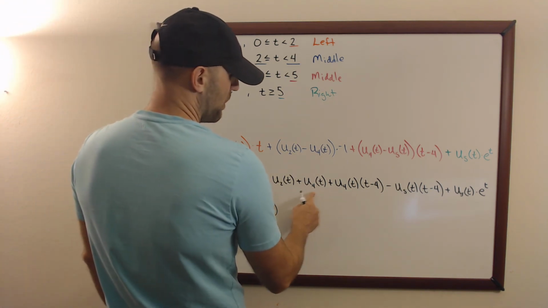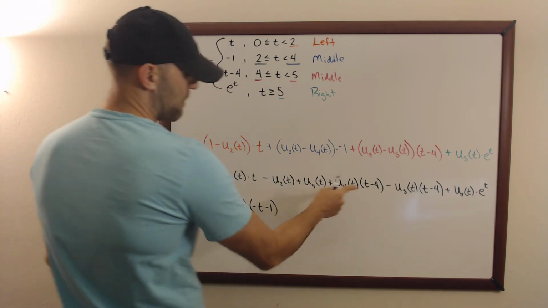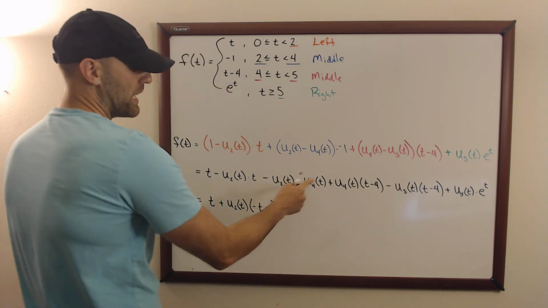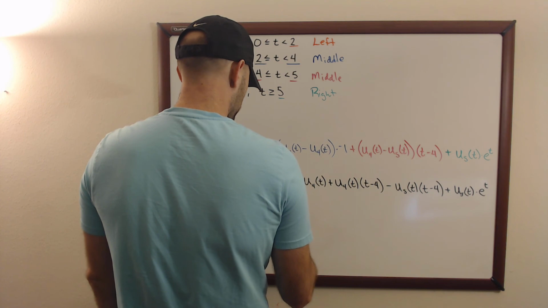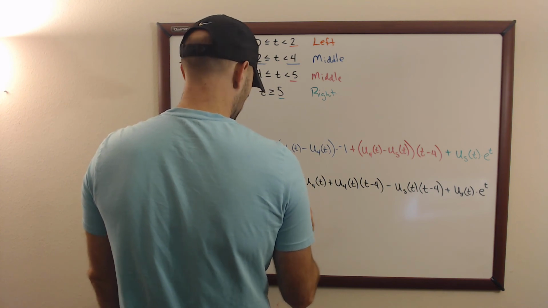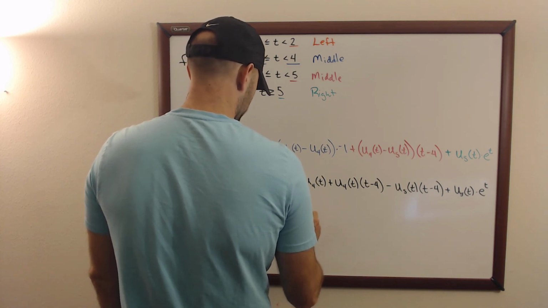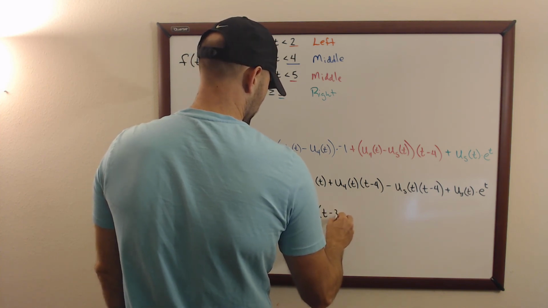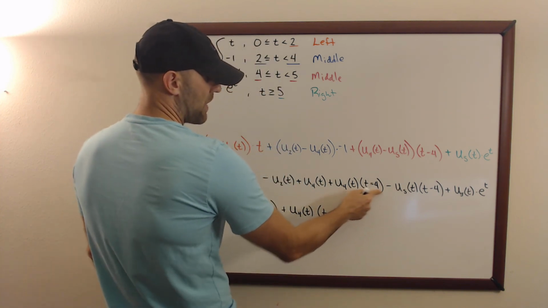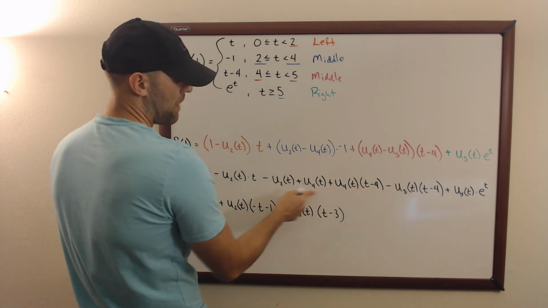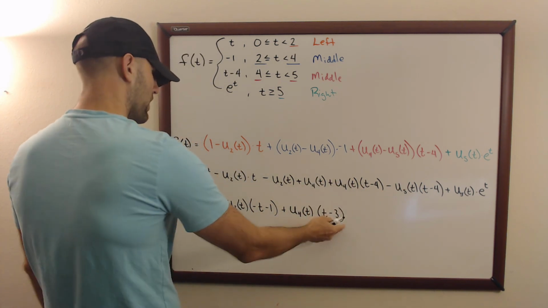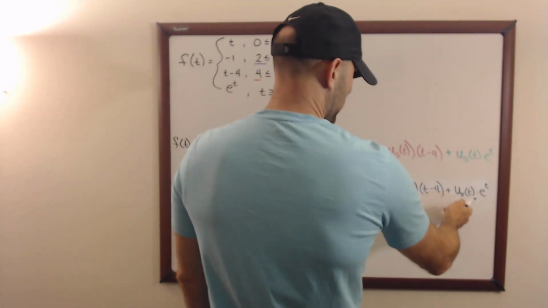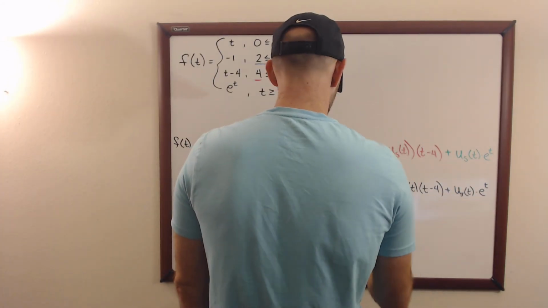From these two, I factor out u sub 4 of t. It's going to leave a t minus 4 here, and a positive 1 here. So t minus 4 plus 1 is t minus 3. Then finally over here, I've got my 2 u sub 5 terms.